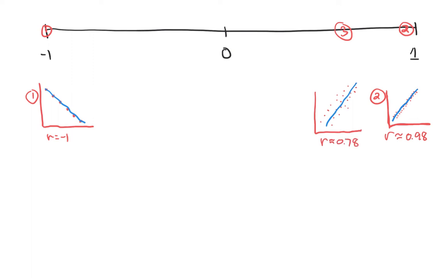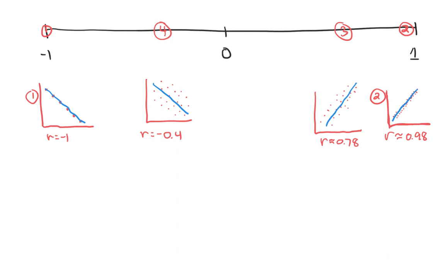Then something down here, let's say that's about R equals -0.4. Now you're going to get a negative relationship, but it's not going to be particularly strong at all. So maybe it looks something like that. It still looks negative, but there's a lot of variation going on.